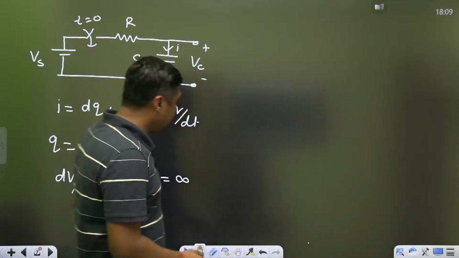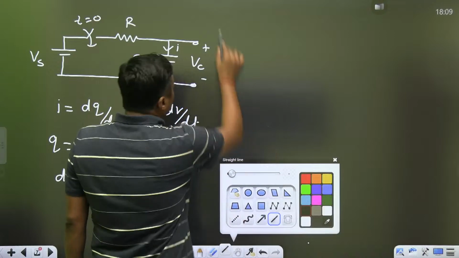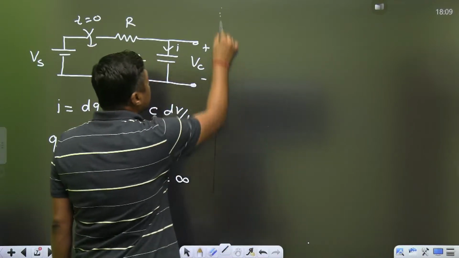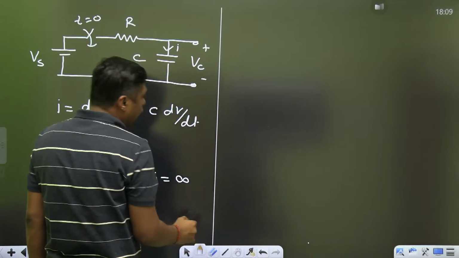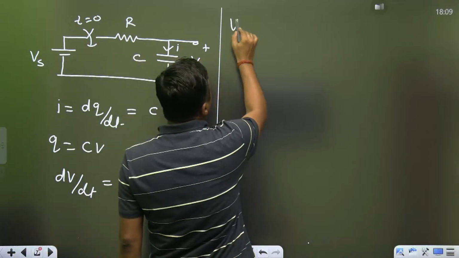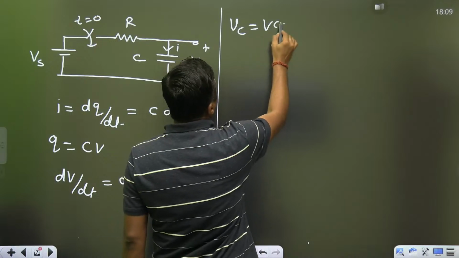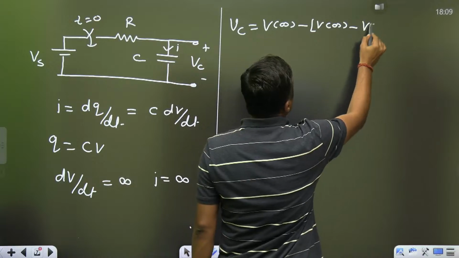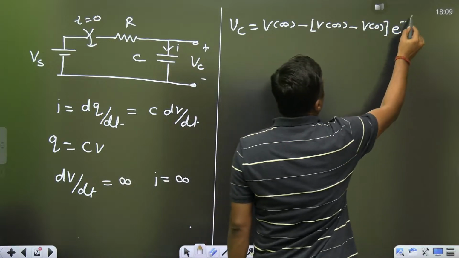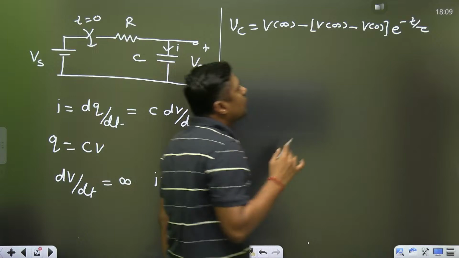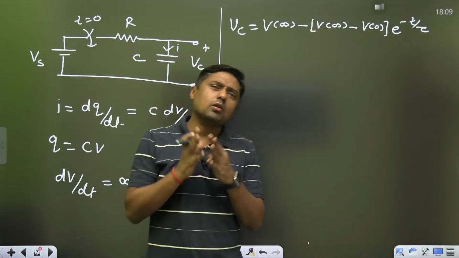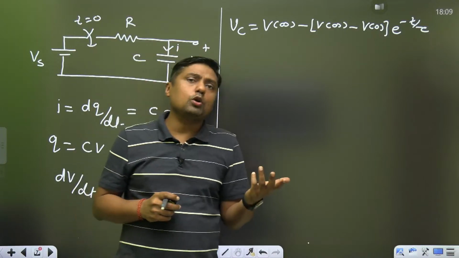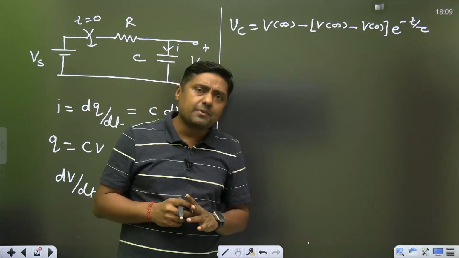Okay. Then in this RC circuit, we have to use this equation. Vc is equal to V final, minus V initial, e raised to power minus t by tau, plus V final. Now, how can we use this effectively? You can solve any type of questions. V final means exactly at t equal to infinity, what is the voltage across the capacitor?